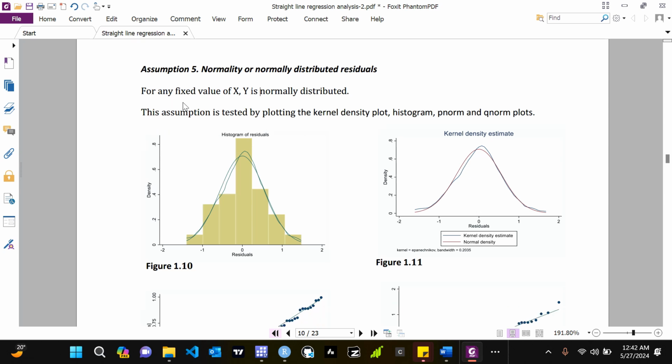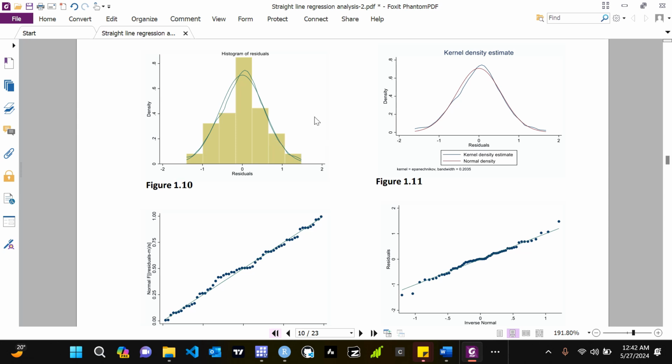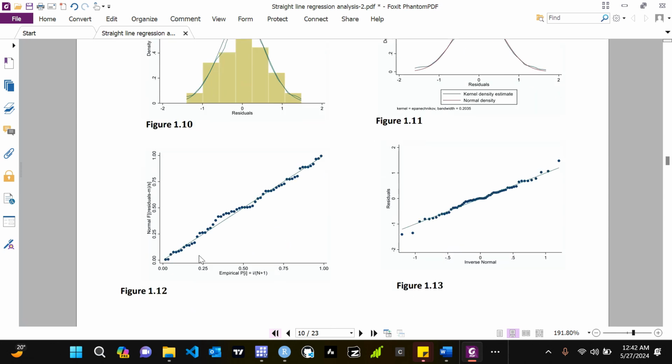So for any fixed value of x, y is normally distributed. This assumption is tested by plotting the k-density plot, histogram, the p-norm or the QQ plots. We shall see. They should give you this pattern, which shows a very beautiful normal distribution. The p-norm and the QQ plot should give you points that are in a straight line.